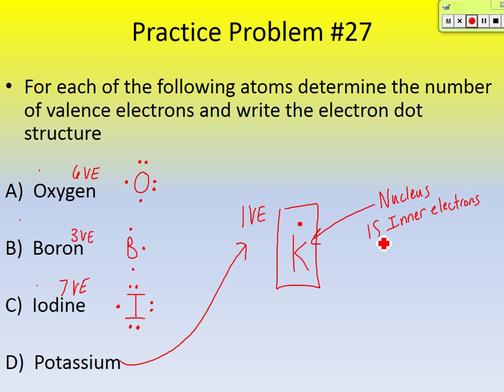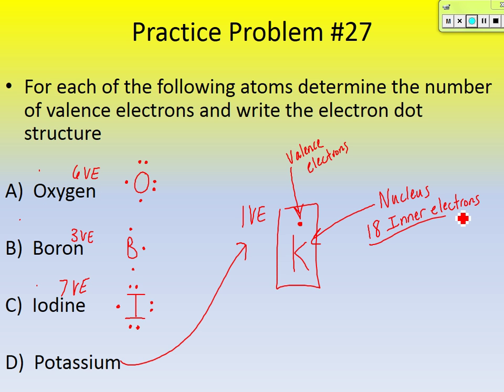So this would represent the 18 inner electrons. Now the dot represents the valence electrons. Okay. And so with the 18 inner and the 1 valence electron that it has, that's the 19 electrons that potassium would have. Anyway, hopefully we understand the electron dot structures.